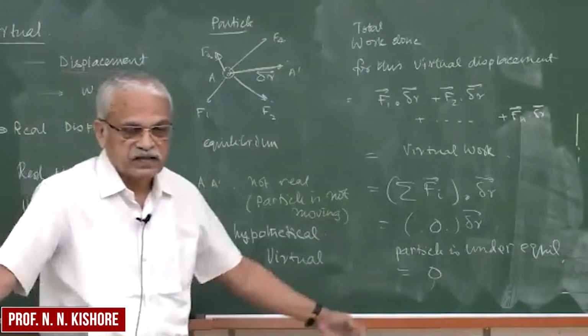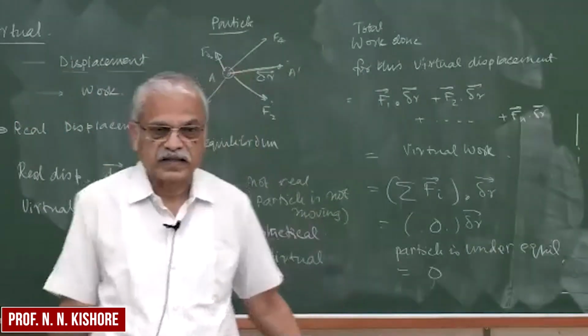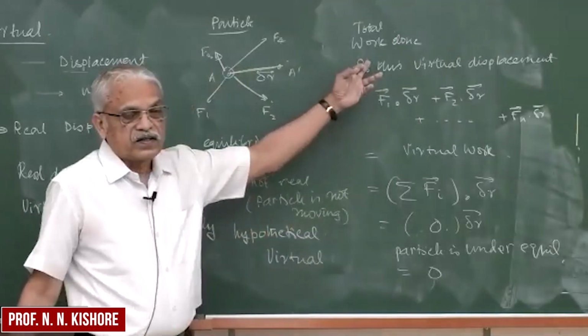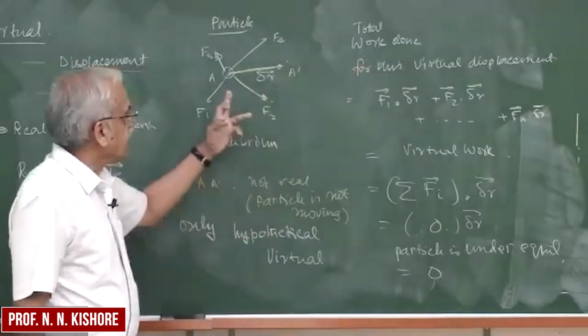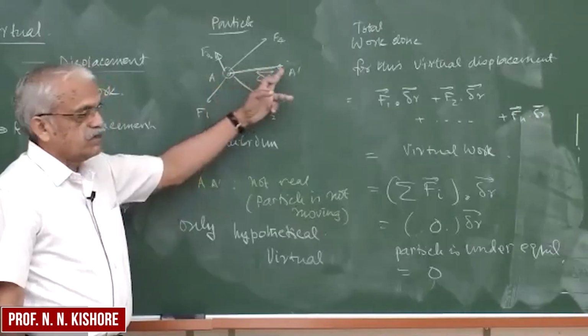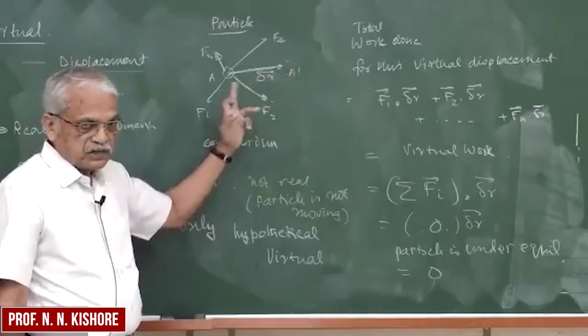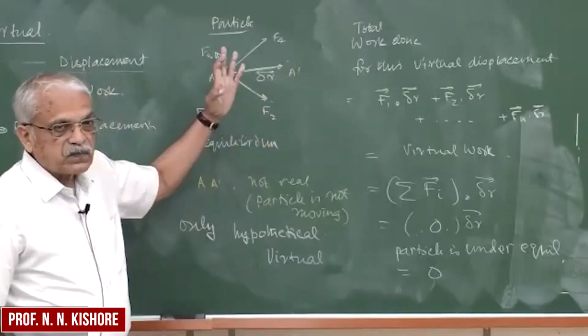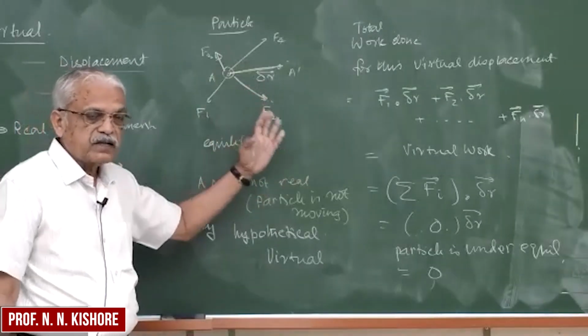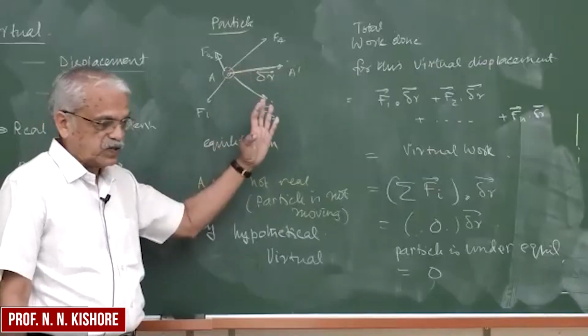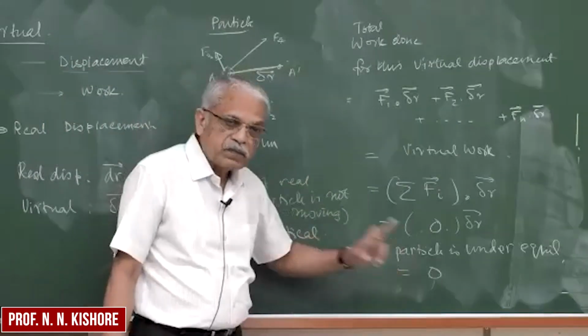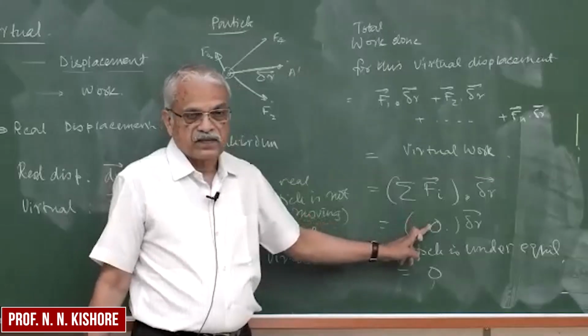Sometimes you say, sir, it's too trivial. What is so great in that? So what we are saying here is that if a particle is under equilibrium and you perturb it by a hypothetical displacement, which we call a virtual displacement, the work done by all the forces for such a displacement is 0 because it is under equilibrium.